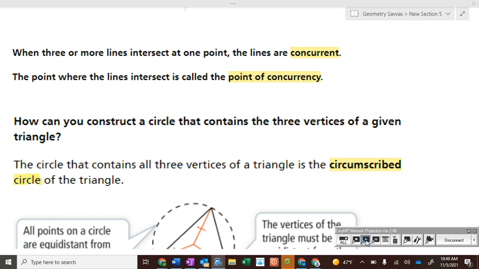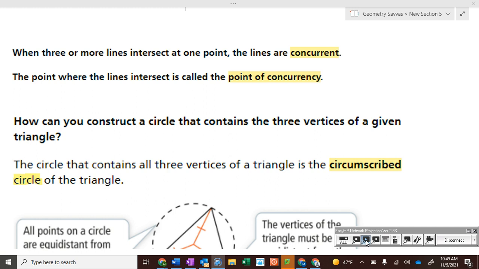An orthocenter, which is the point of concurrency of 3 altitudes. And a centroid, which is a point of concurrency of 3 medians of a triangle. And we'll talk about medians and altitudes next week.